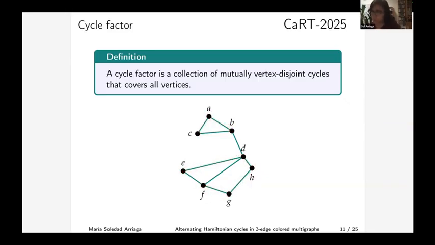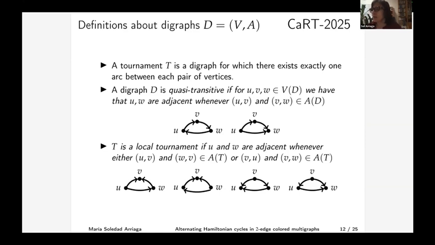Now we have definitions about digraphs. Okay, first, a tournament T is a digraph for which there exists exactly one arc between each pair of vertices. Then a digraph D is quasi-transitive if for u, v, and w vertices of D, we have that u and w are adjacent whenever we have the arcs uv and vw.